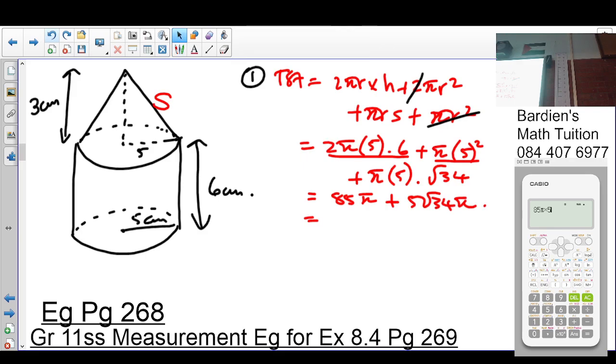Okay. Let's work that out. So it's 85 pi plus 5 root 34 pi. Is that correct?